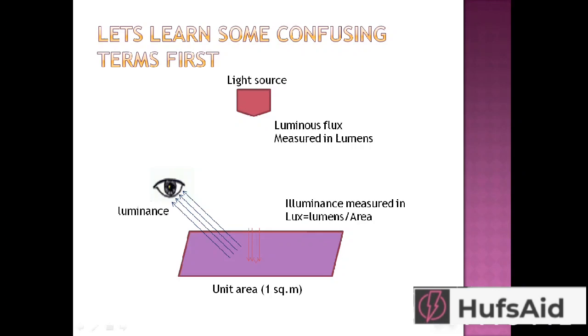In our case we will be using Dialux Evo. In Dialux Evo, if I'm making a room, then calculation surfaces are made automatically and I don't have to make a new calculation surface.